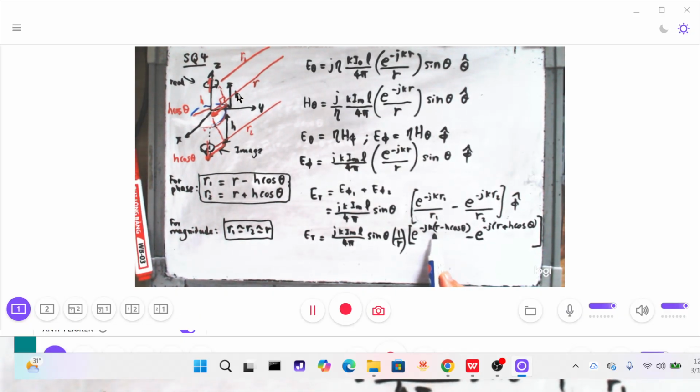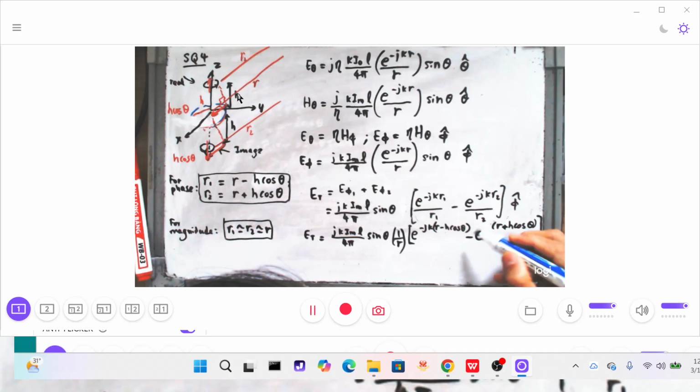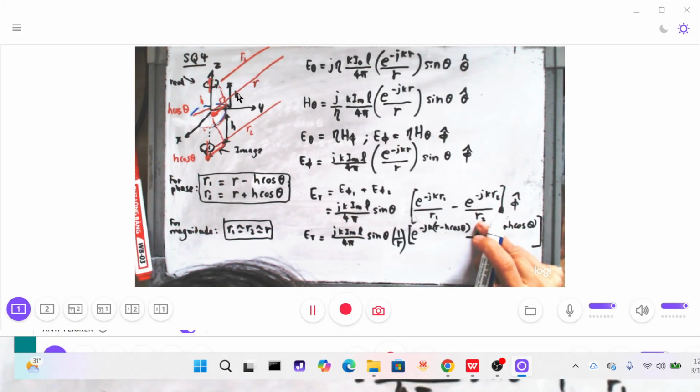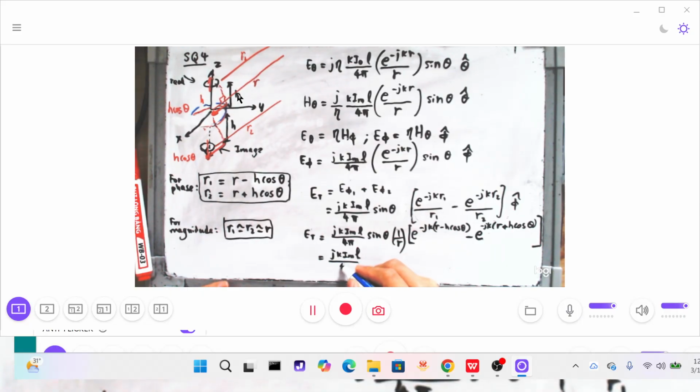Now, both terms have, sorry, jk. So now both terms have a common factor, e to the minus jkr. So we can take it out, and 1 over r.